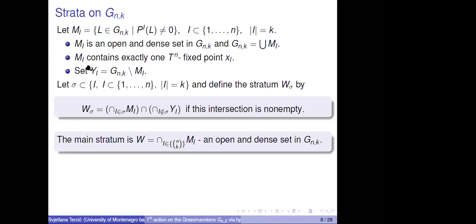And now if we consider Y_I, the complement of M_I in G_{n,k}, one can define the strata, the stratification of G_{n,k}.